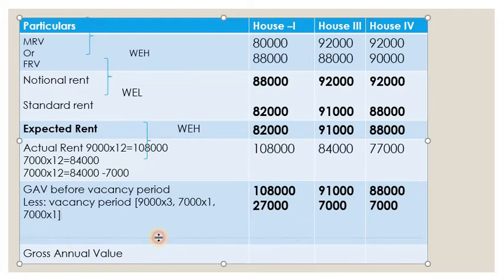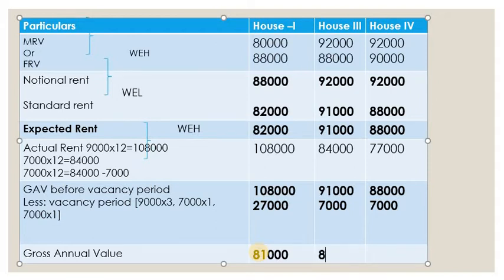Now what we have to do is deduct this amount. So gross annual value 1,08,000 minus 27,000. How much is the value? You can write down here. So it is 81,000. Right, for this 91,000 minus 7,000, how much is the gross annual value? Write it.